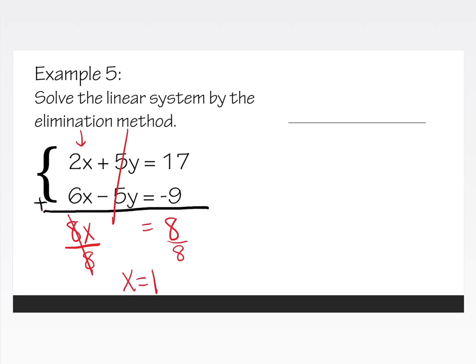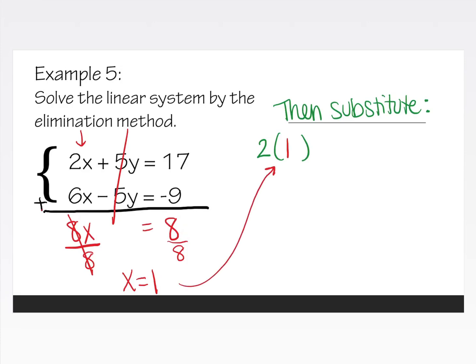Now we're going to use substitution. So we can plug back into either equation in order to find y. Let's do the first one. So we have 2 times our 1 from up here plus 5y equals 17. 2 times 1 is 2 plus 5y equals 17.